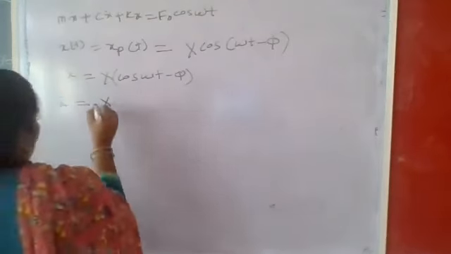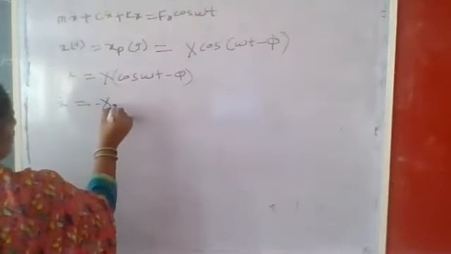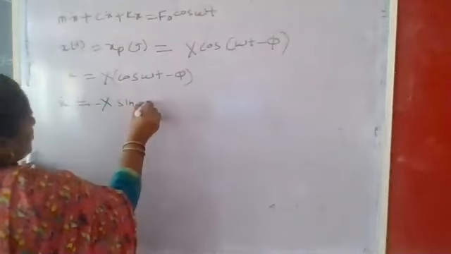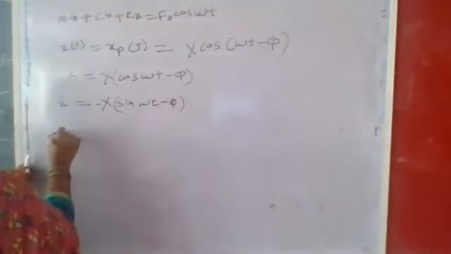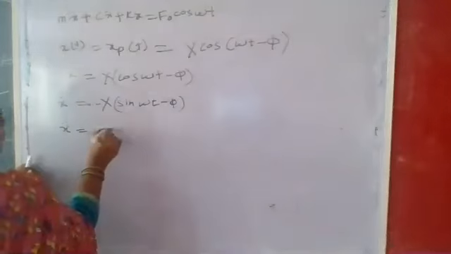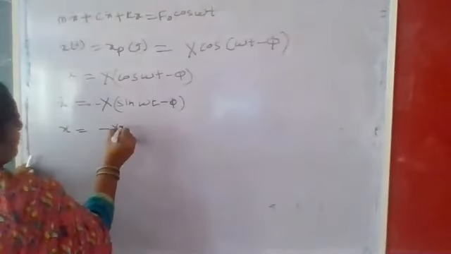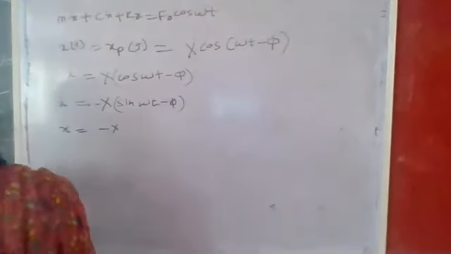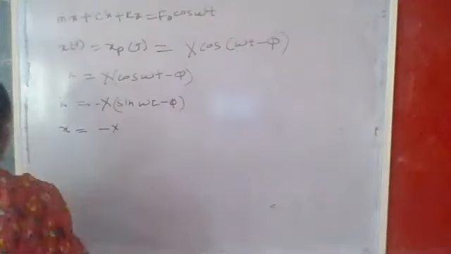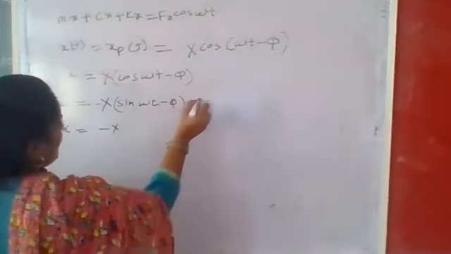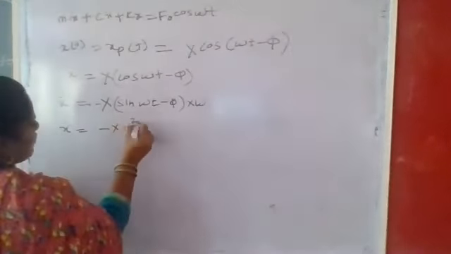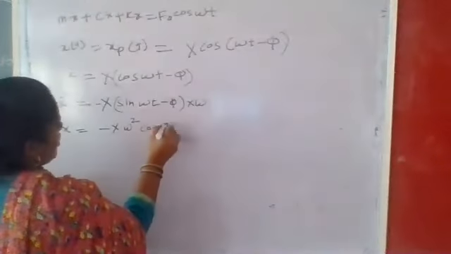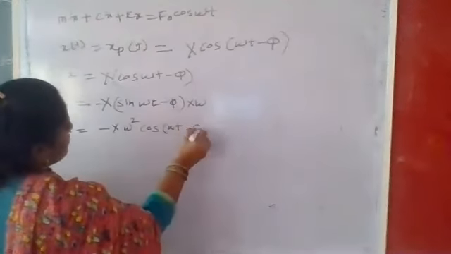It is minus sine, so x dot is minus X omega sine of omega t minus phi. Taking the double derivative, x double dot is minus X omega square cos of omega t minus phi.